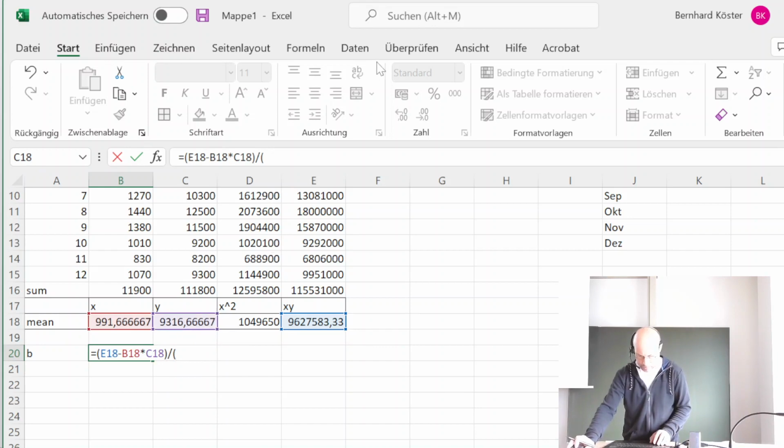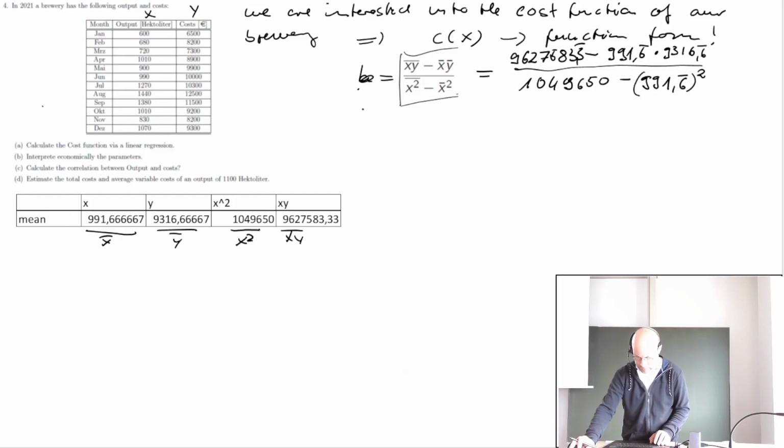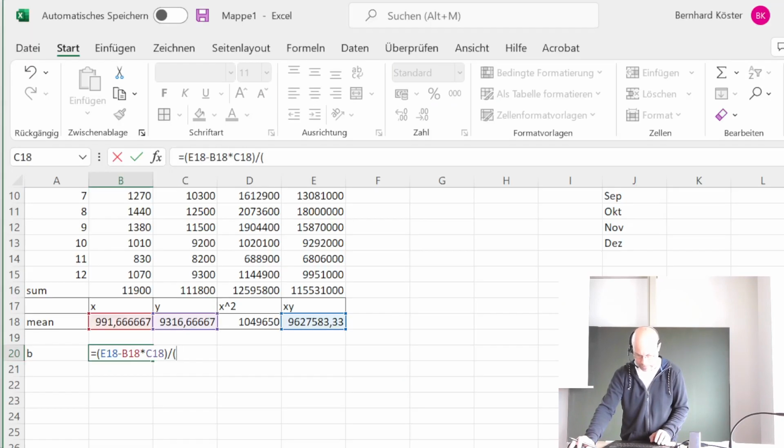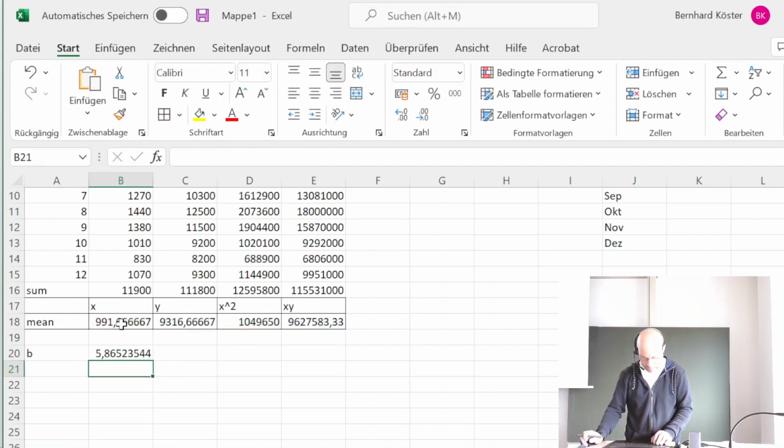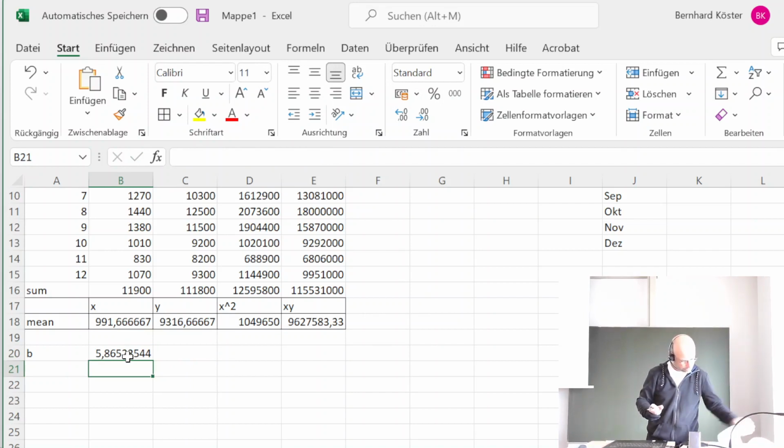by, this I do not have in mind, so I have to look it up, x squared bar. This was the right direction. x squared bar is this number minus x bar squared. And hopefully I'm right: 5.86. Is this right?